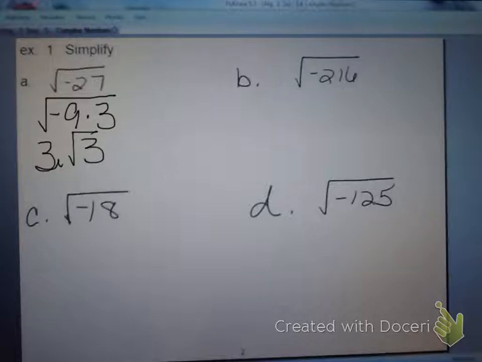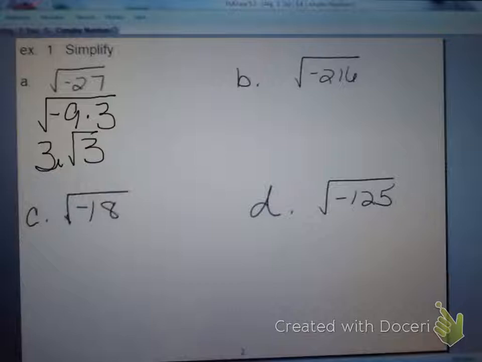Square root of 216, I need to break that down to where one of the factors is a perfect square. Well, you could use your calculator to help you. 216 divided by 4 is 54. So if 4 works, you should always try 16. 216 divided by 16 does not go into it evenly.